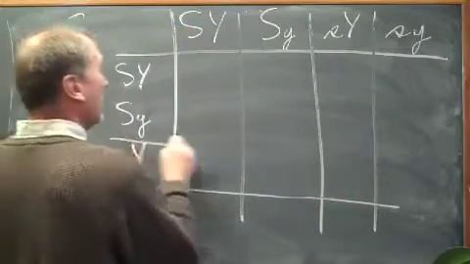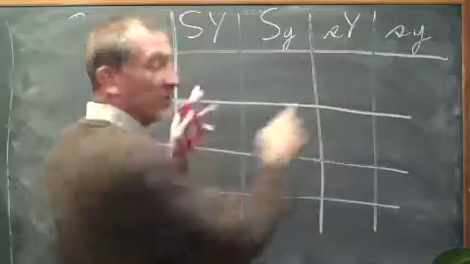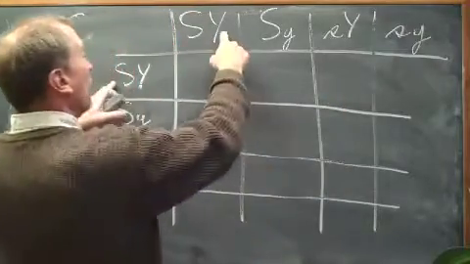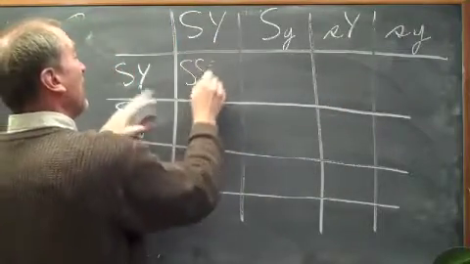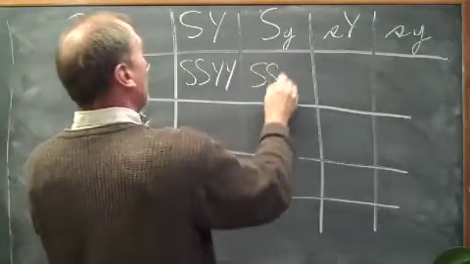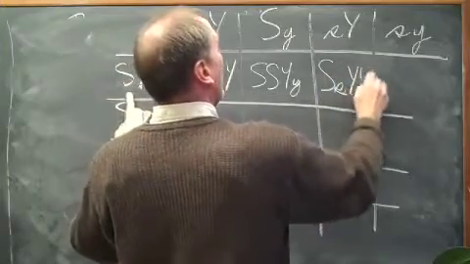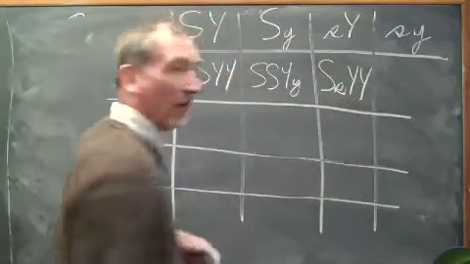And so we're making our little database here. And then the interior cells are our zygotes. So here the zygote is big S, big Y, and we can fill in the whole chart this way. Big S, big Y, and so on.